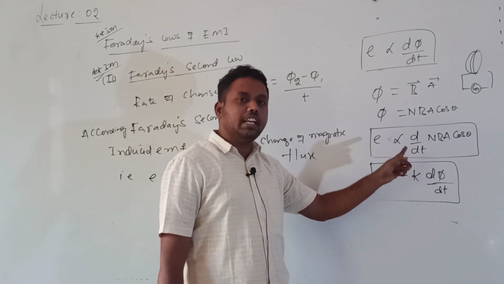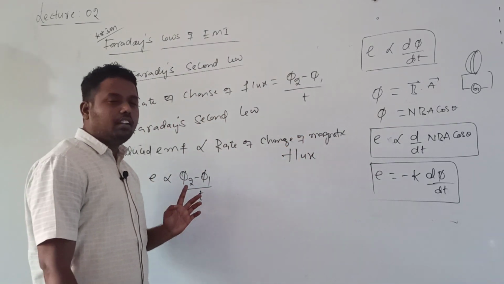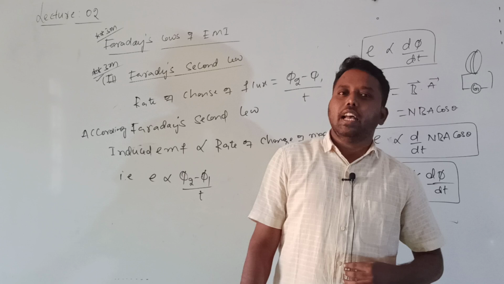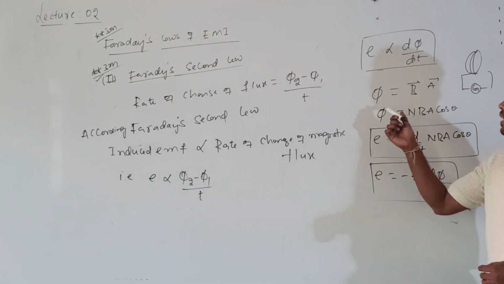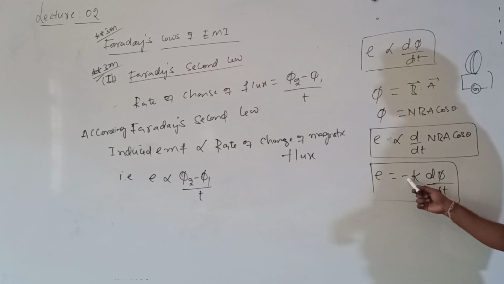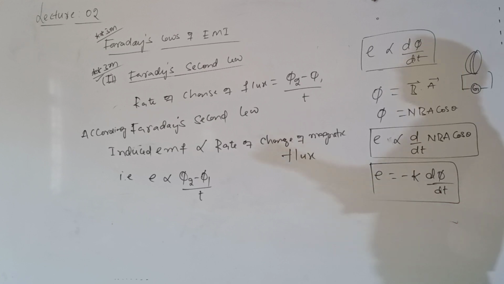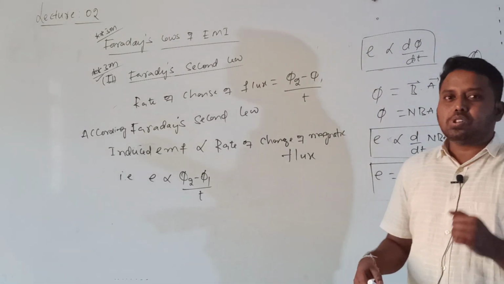The direction of the induced EMF is given by Lenz's law. Faraday has not given any information regarding the direction of EMF. The direction of EMF is given by which law? Lenz's law. So regarding this minus sign, we will discuss it in Lenz's law. You should know the minus sign indicates E and d phi by dt are in opposite directions, where K is a proportionality constant.